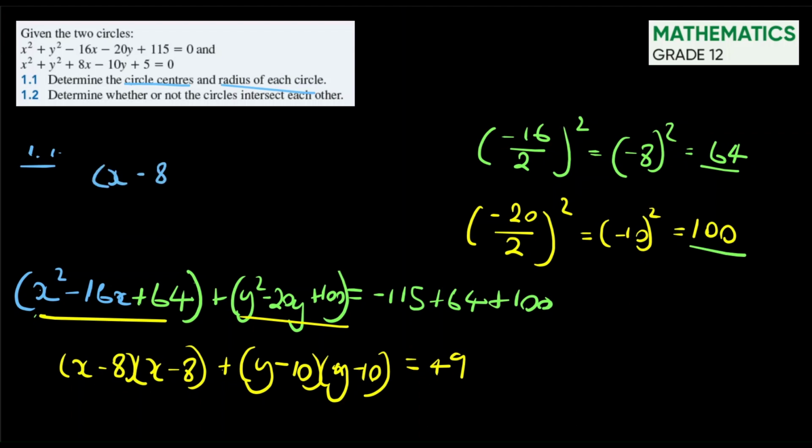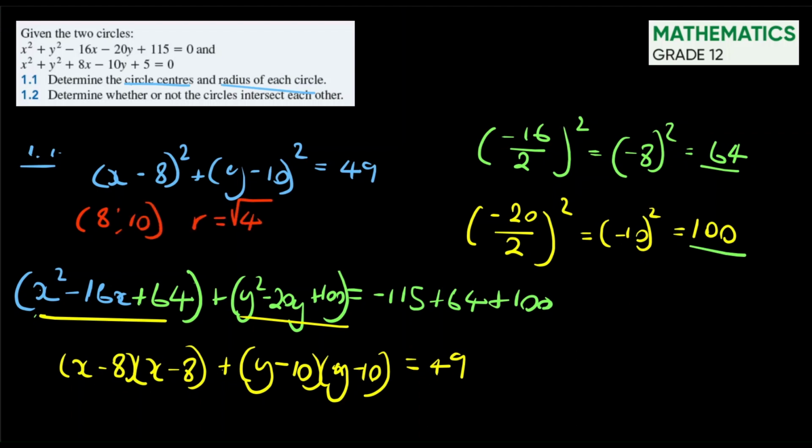So which we can simply write as x minus 8 squared plus y minus 10 squared is equal to 49. Therefore, our circle center will be (8, 10), and r will be the square root of 49. Square root of 49 is 7.